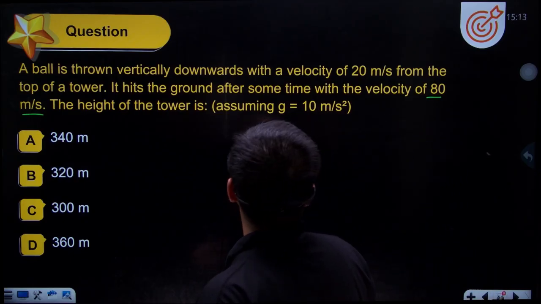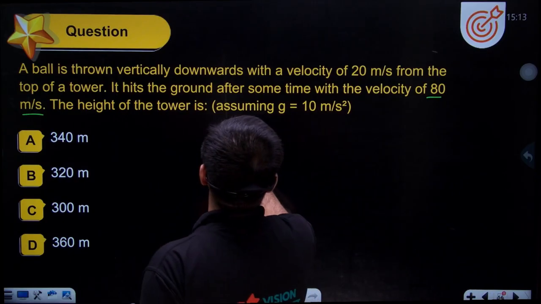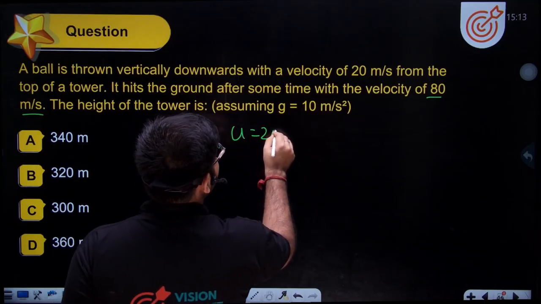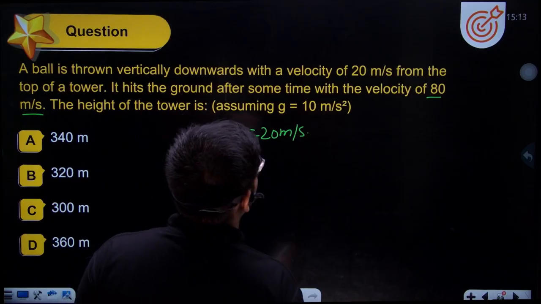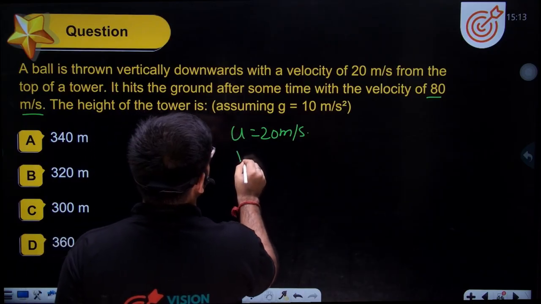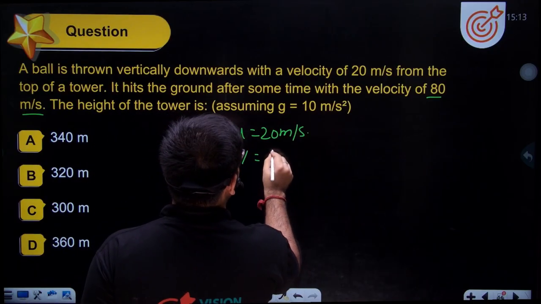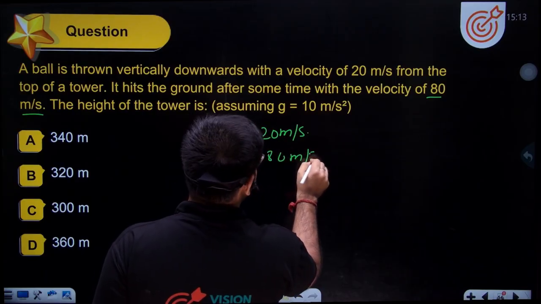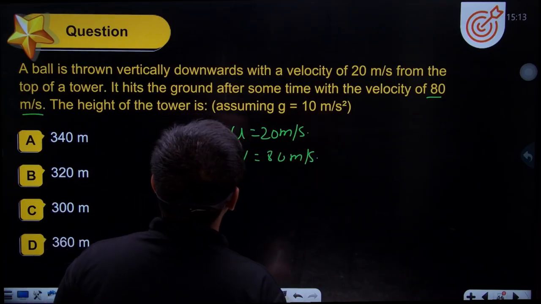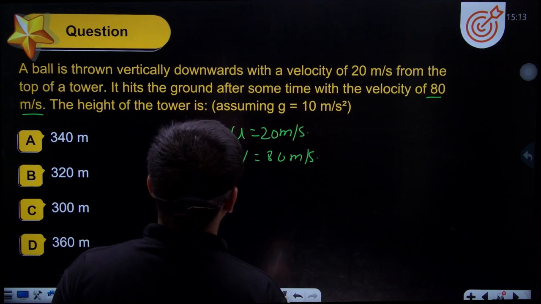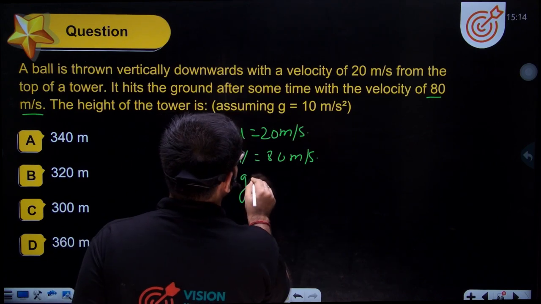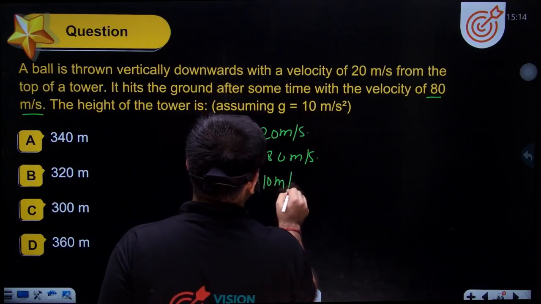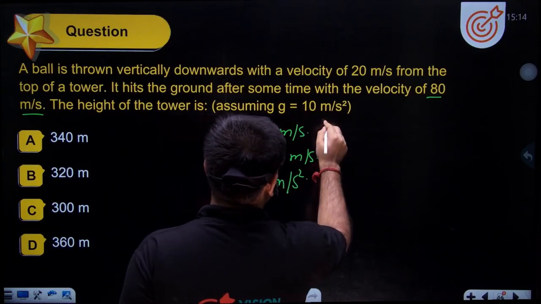So what is my initial velocity? Initial velocity u is equal to 20 meter per second. The final velocity is v equal to 80 meter per second. The height of the tower we need to find out. And g value is also given, 10 meter per second square. These are all given.